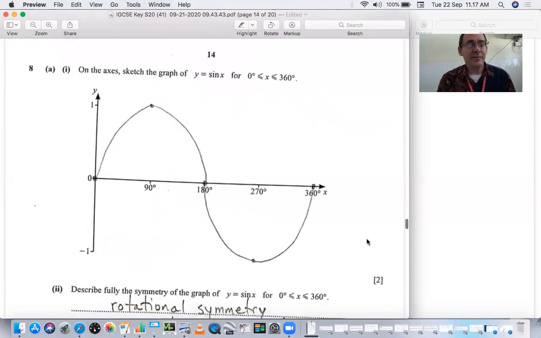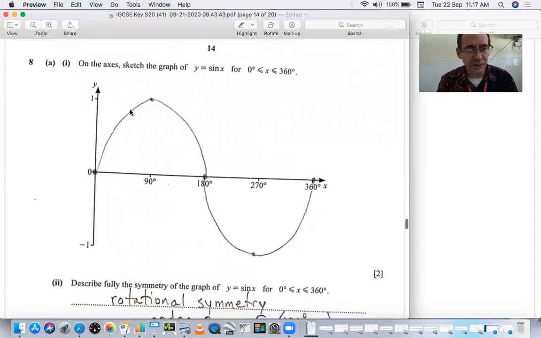Going on, now we have some trigonometric graphing. This is part of the new material to the new syllabus, is basic trig graphing. So on the axis, sketch the graph of y equals sine x over the domain of 0 to 360. They already put the 0 to 360 for you. They also already put the amplitude of 1 and -1.